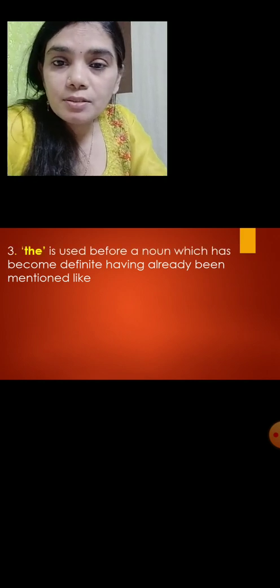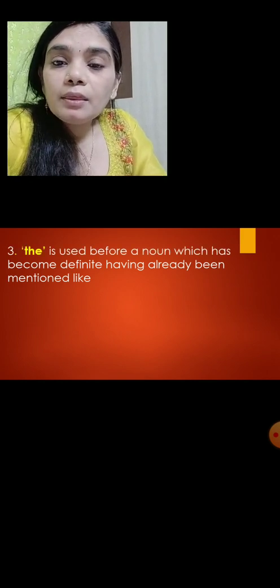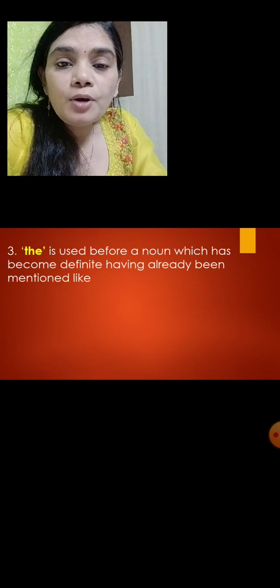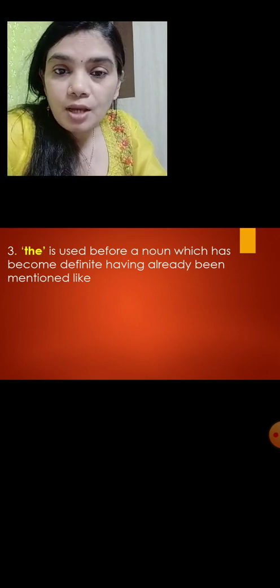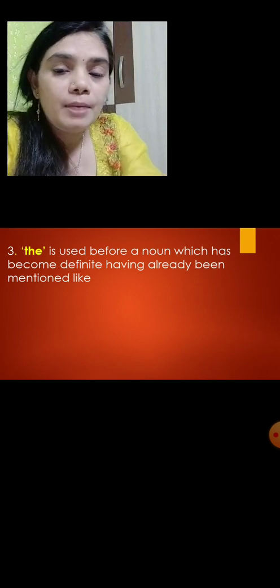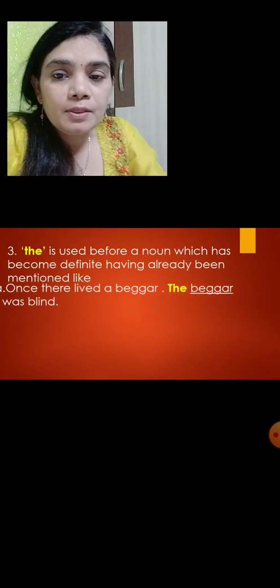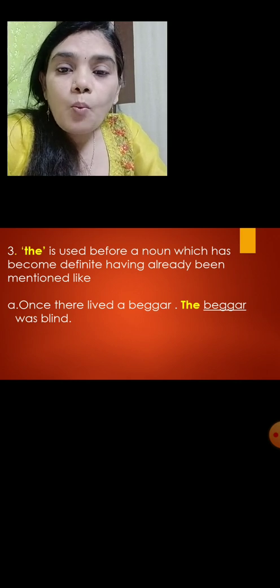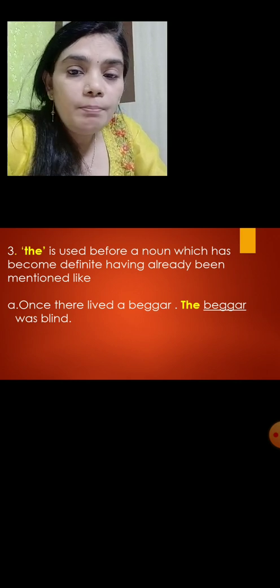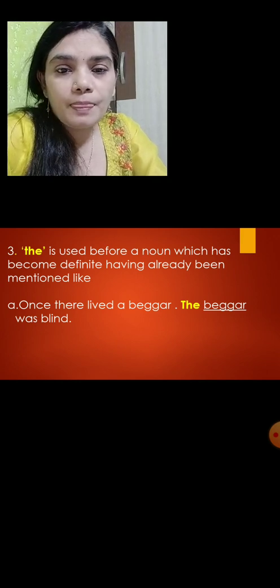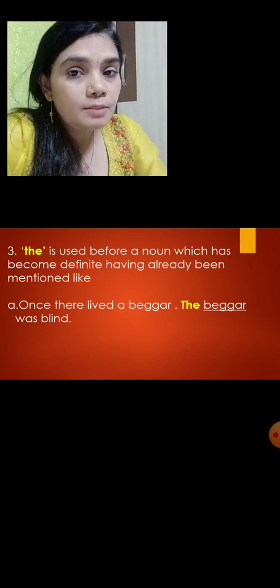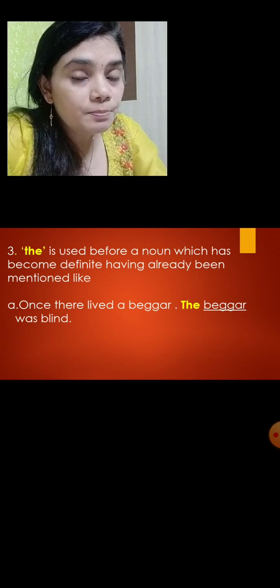The next usage is, the is used before a noun which has become definite, having already been mentioned. Once there lived a beggar, means there was a beggar. The beggar was blind. So which beggar?